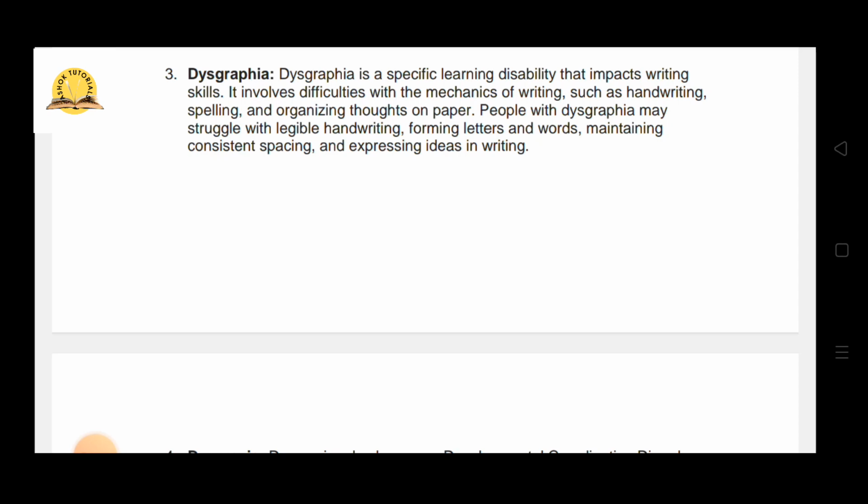And don't take it that a student in class nursery or KG is suffering from dysgraphia because they have just started writing, right? They have just started writing, so their handwriting will be bad only. But whenever you see students whose classes are increasing but their handwriting is not improving, the handwriting is very bad, you cannot read it, you don't feel like reading his or her handwriting, in that case you should be sensible and more sensitive towards that particular child.